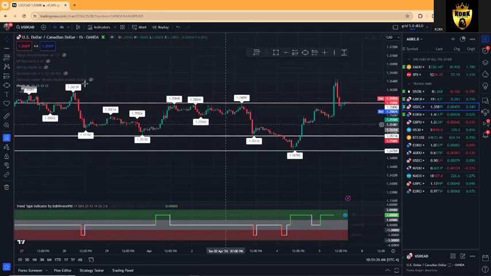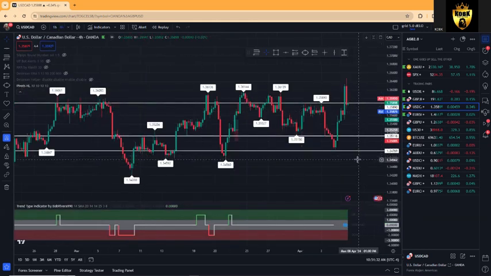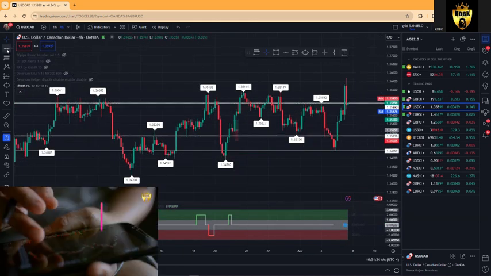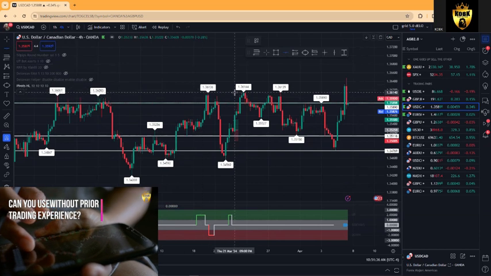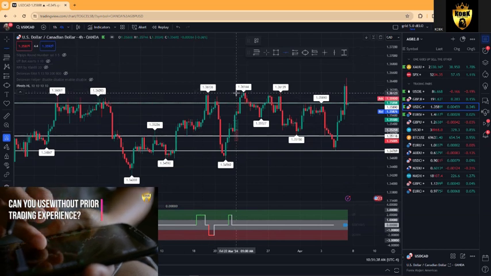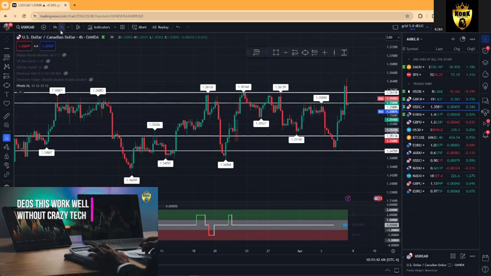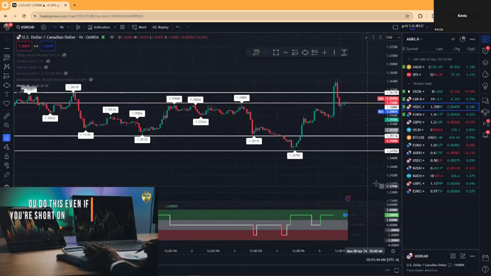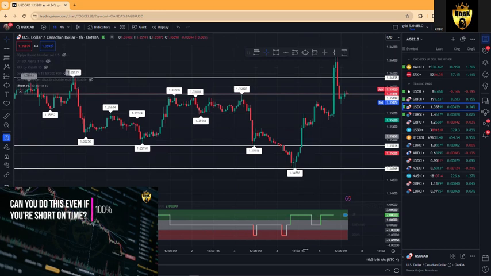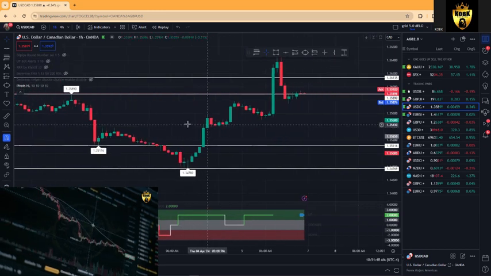Now the thing is, where is price going to go once it breaks that level? So now I'm going to go to the 4 hour. If I go to the 4 hour, I have an idea of where price wants to go, and it is that level right there. So now go back to the 1 hour. What I'm waiting for, guys, is when the market opens up.